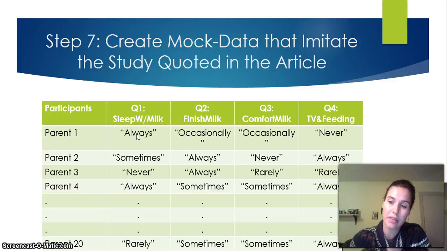And I had to remember those 5 answer choices. Always, sometimes, what was in the middle, occasionally, rarely, never. I have all those possibilities that I put in here.